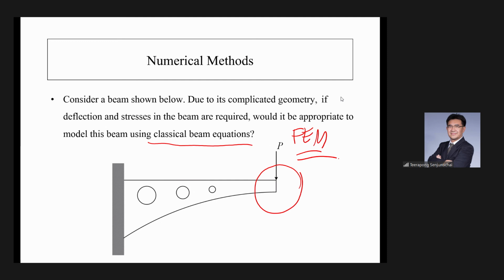So this is maybe one example to show you that numerical methods are more appropriate here if you want really quite accurate results.